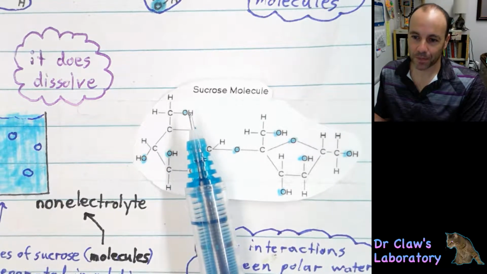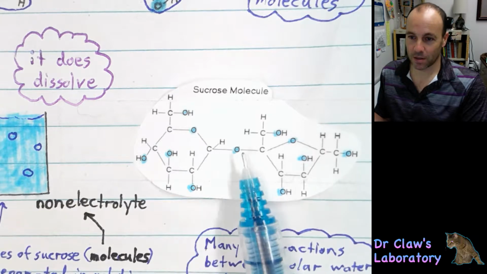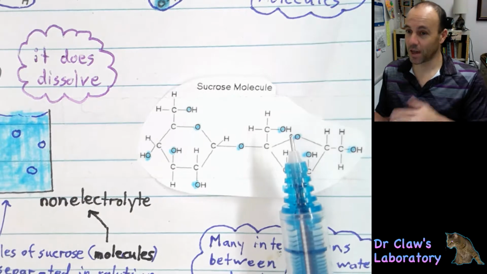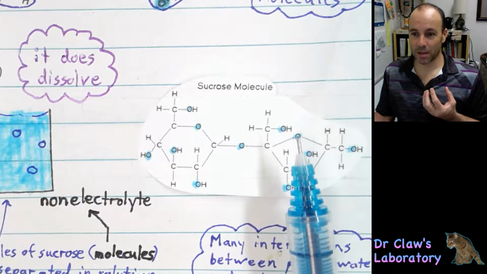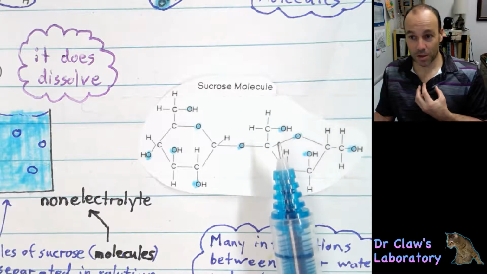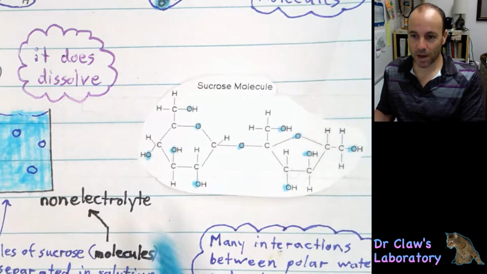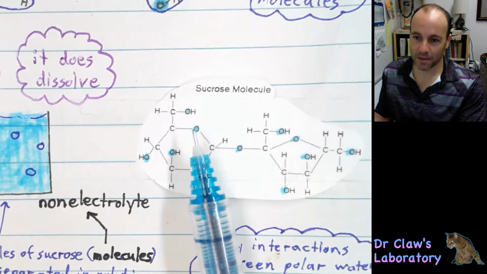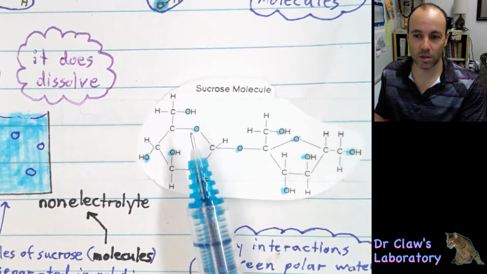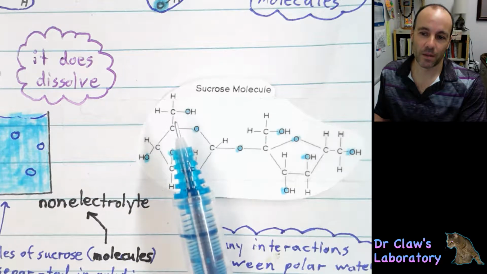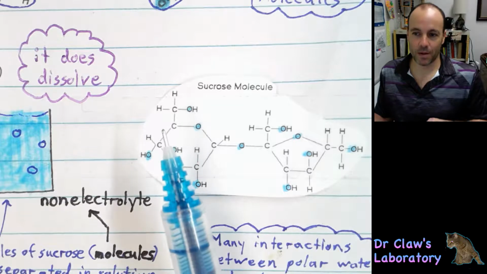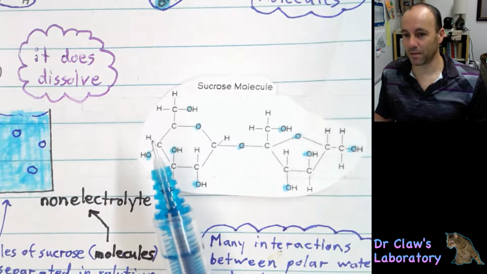But anyway, there are lots of oxygens in this molecule, and oxygens have that special ability to draw electrons towards their position. And so this large molecule has lots of partially negative charged regions, and there are in turn other parts of the molecule that are partially positive charged.